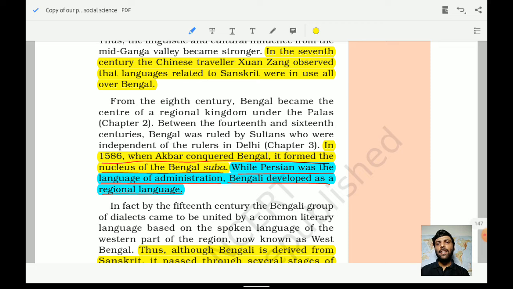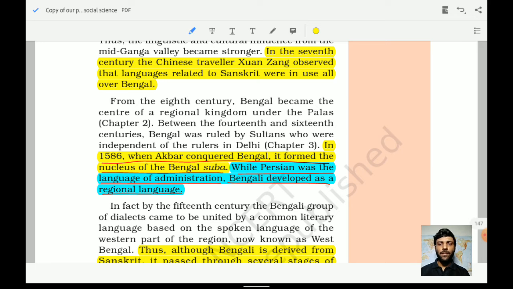We have already seen how Akbar never emphasized Persian to the common masses; rather the masses were using their local language.